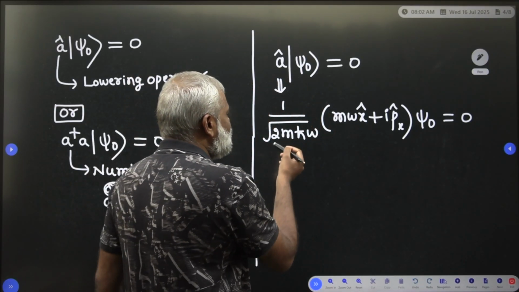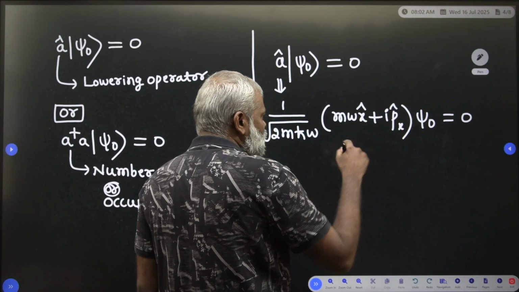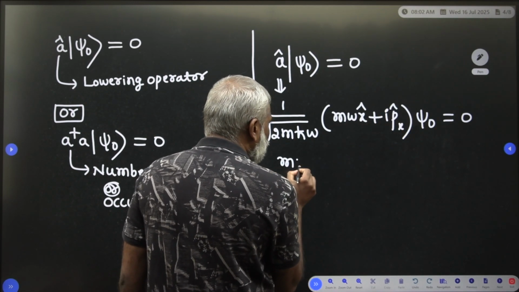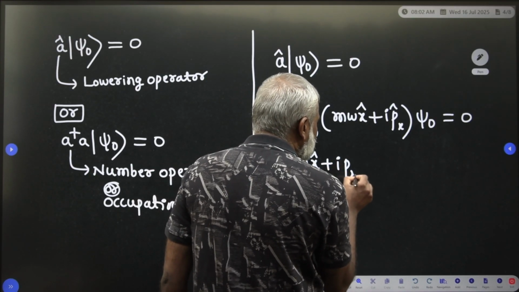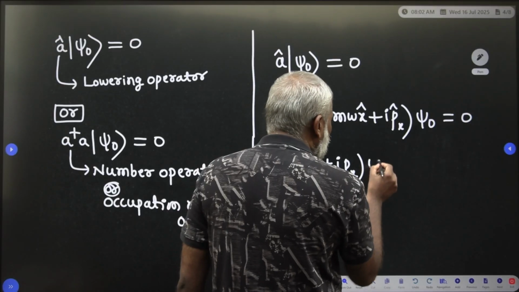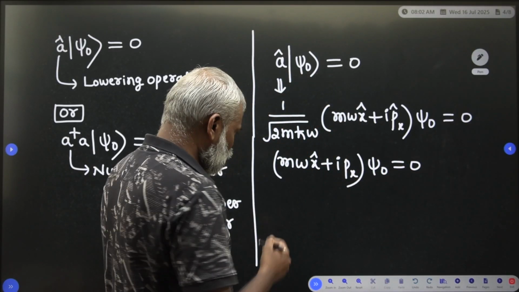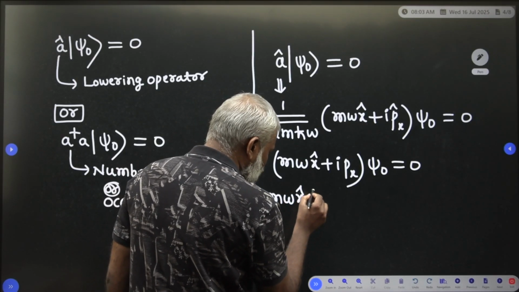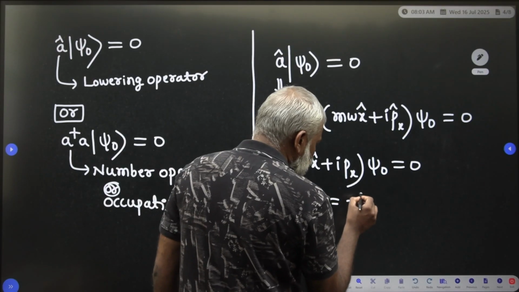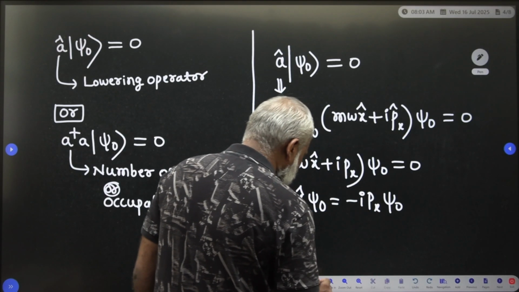So, therefore, the division goes to the multiplication, since 0 into something is equal to 0. So, therefore, (mω x̂ + i p̂ₓ) into ψ₀ is equal to 0. Therefore, mω x̂ into ψ₀ is equal to minus i p̂ₓ into ψ₀.